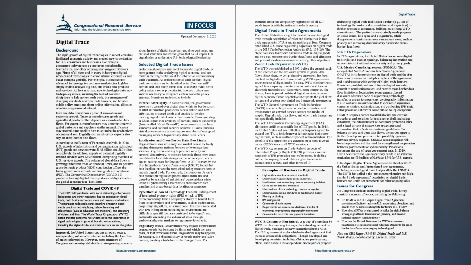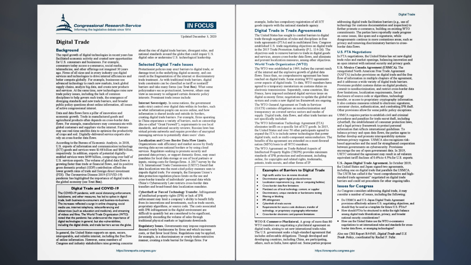USMCA also recognizes risk-based approaches and the need for strengthened cooperation between governments on cybersecurity. Provisions encourage the use of open government data. In 2019, USITC estimated the agreement may result in ad valorem equivalent tariff declines of 0.6% to 4.5% for U.S. exports. U.S.-Japan Digital Trade Agreement.